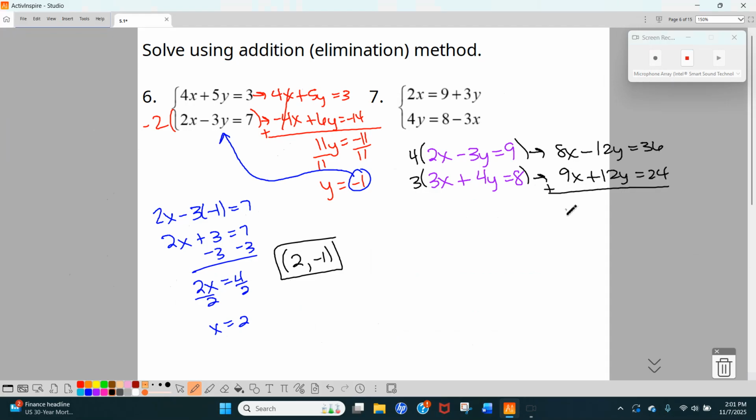Adding it together, I get 17x, this cancels, is equal to 60. Divide by 17, so x is 60 17ths. All right, so not the most fun answer to try to plug in somewhere, but again, we're going to take this and plug it in to the other problem.